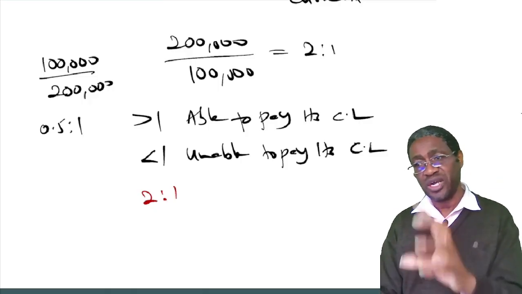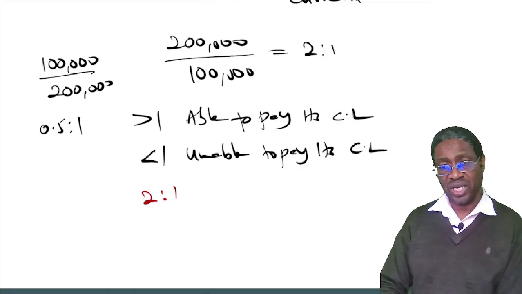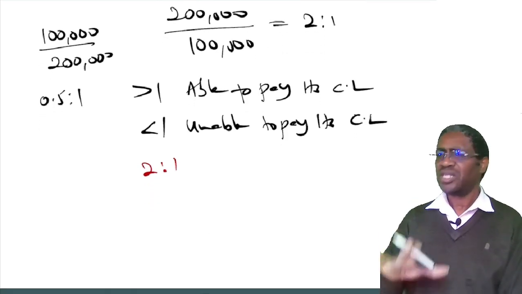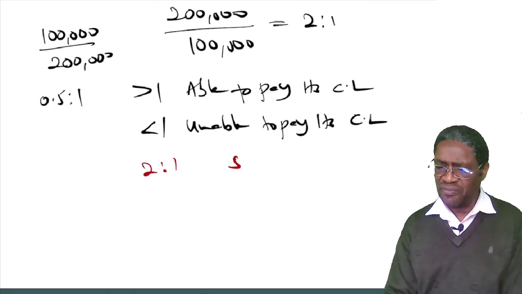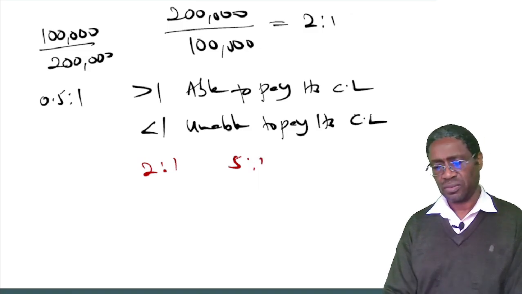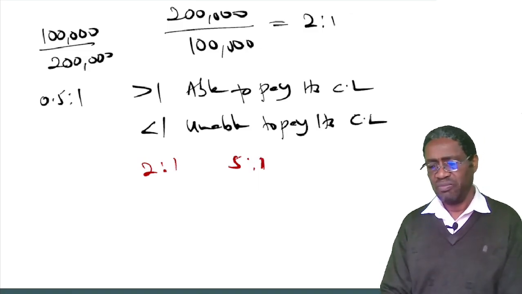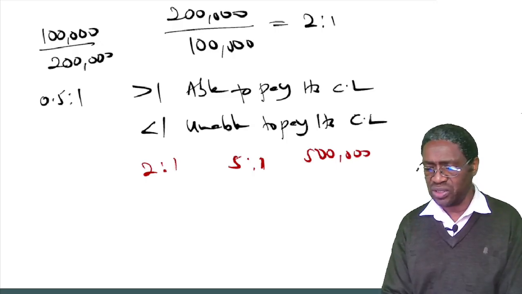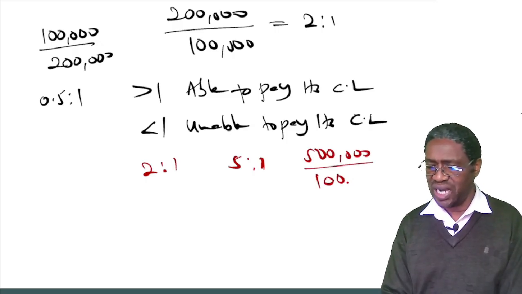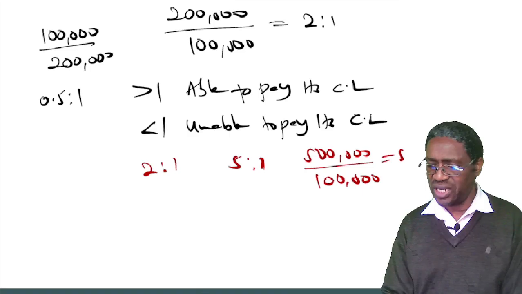Okay? Now, listen. The question is, what if you have a ratio of 5:1? Maybe your current assets are 500,000 while your current liabilities are 100,000. So you get a ratio of 5:1.